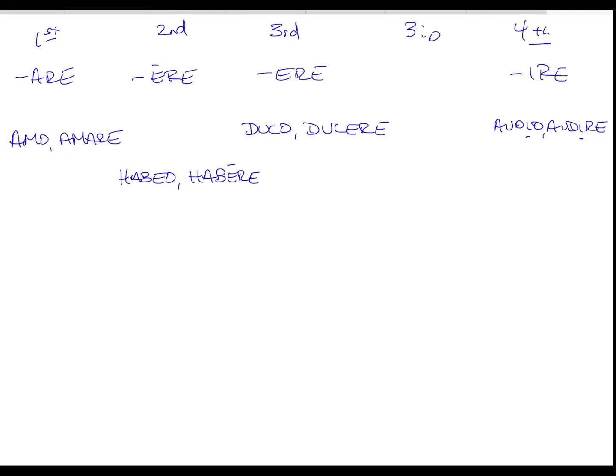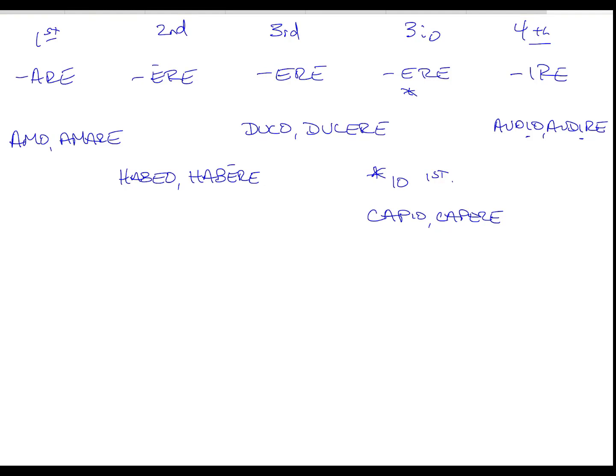The third IO, just like the third, has an ERE. However, it also has an IO in the first principal part, like copio, copere. So I would argue that you could learn the third IO without even learning the fourth whatsoever.